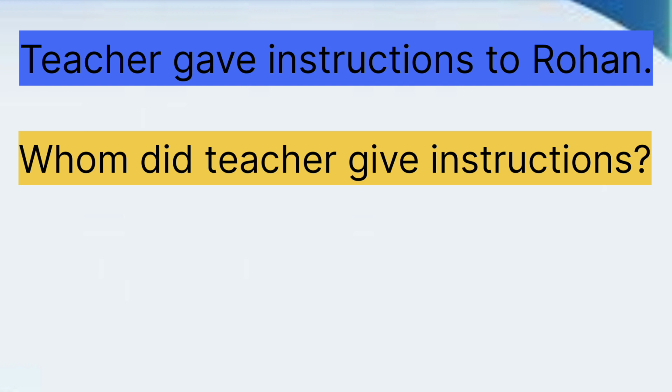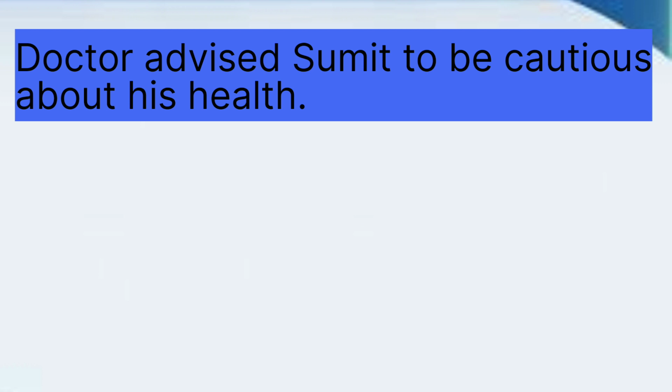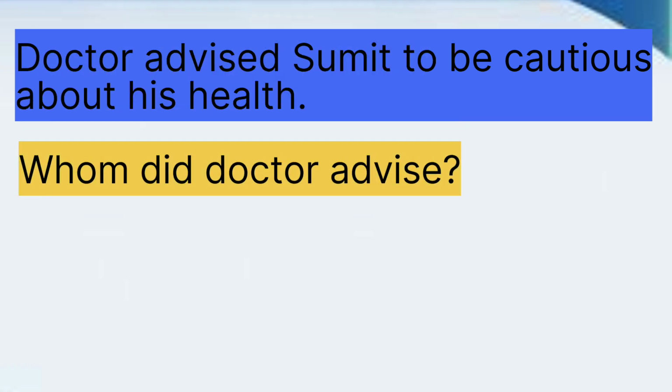Next example: doctor advised Sumit to be cautious about his health. The underlined part is Sumit. To get the underlined part as an answer, let us frame the WH question. Whom did doctor advise? The main verb should be used in the first form, as did is already used to maintain the tense.